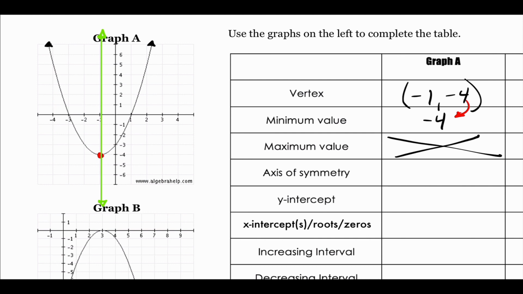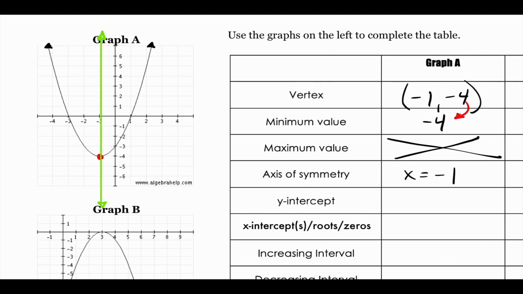So we're going to write it as an equation. X equals negative 1. Because it's a line. If I just put negative 1, that means a dot. It's an equation, so I have to put x equals negative 1. Okay.